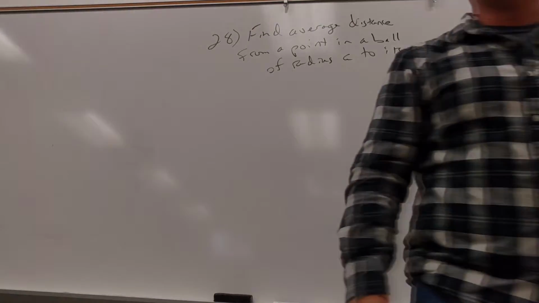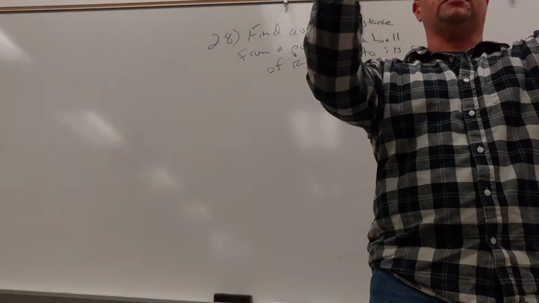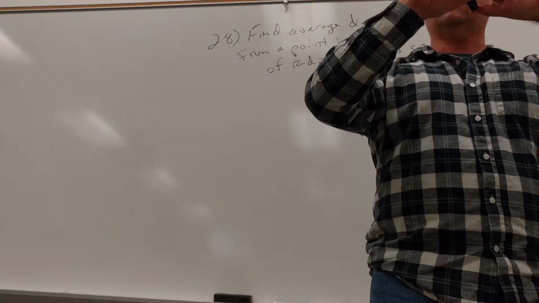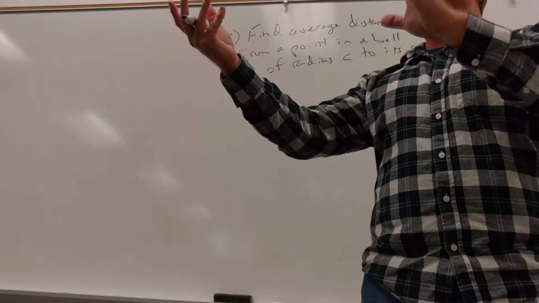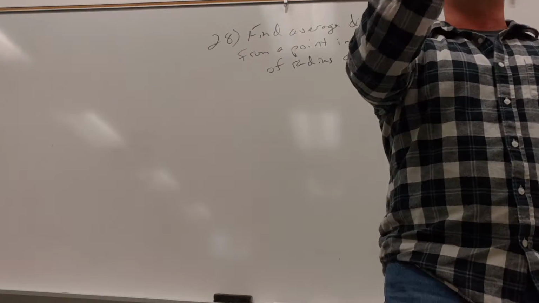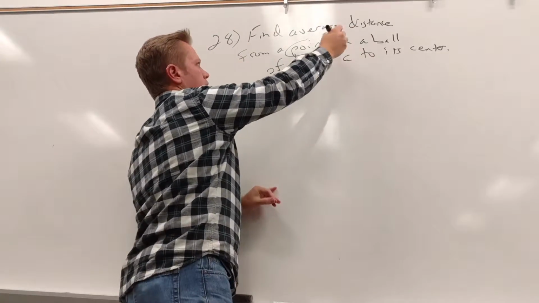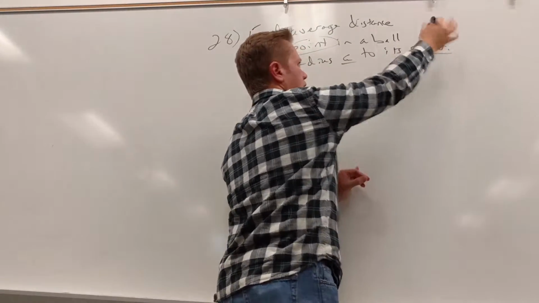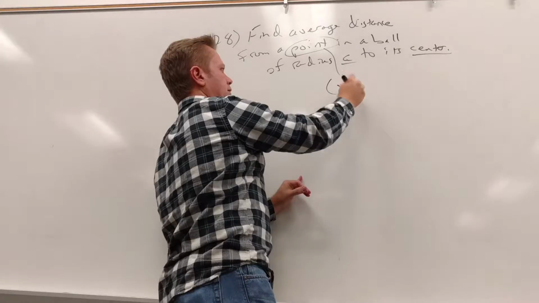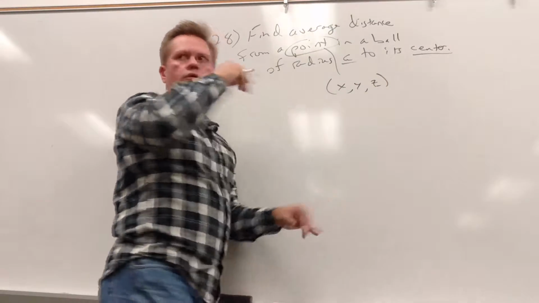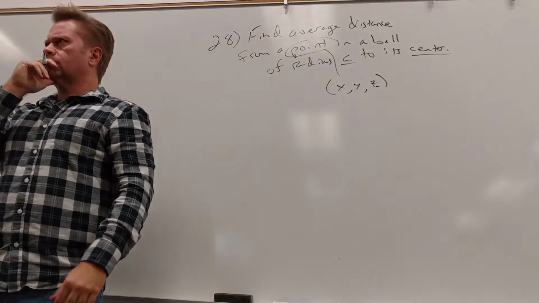So, how do you find, well, first off, what function am I going to be working with? Yeah, like the distance formula, right? For three-dimensional, I got a sphere. So I'm talking about some point in a ball of radius A to its center. We can say the center is at 0, 0, 0. Like we got a point at X, Y, Z.